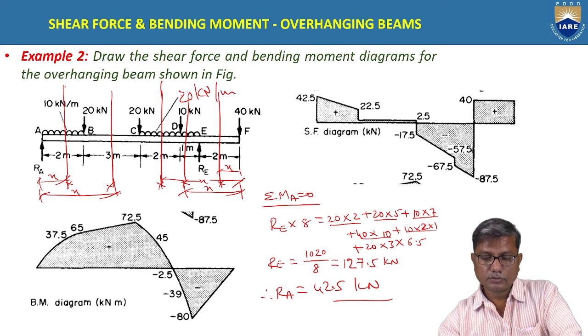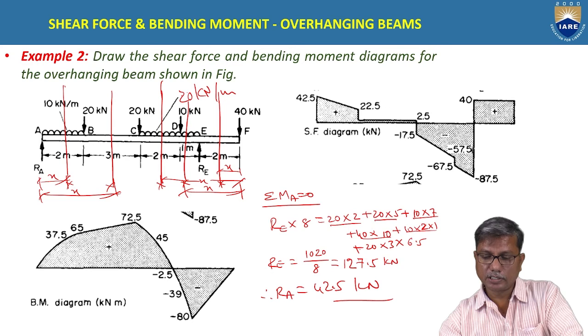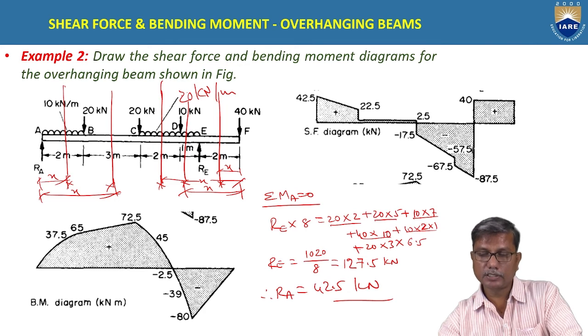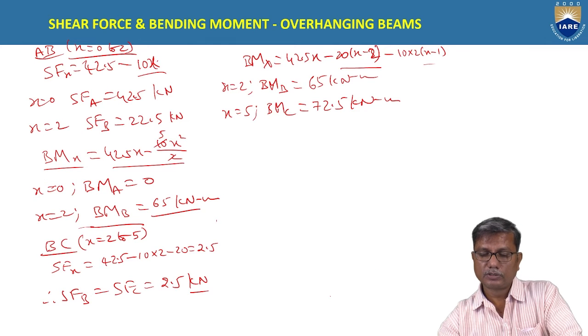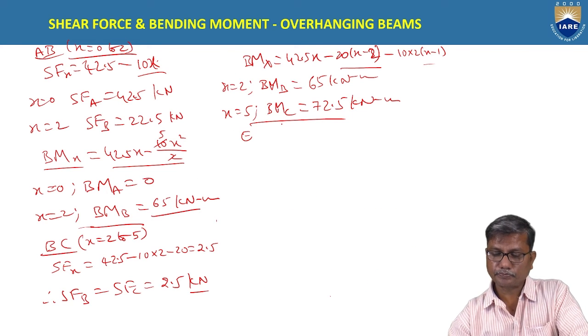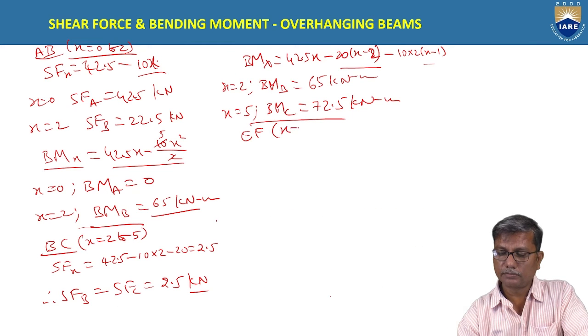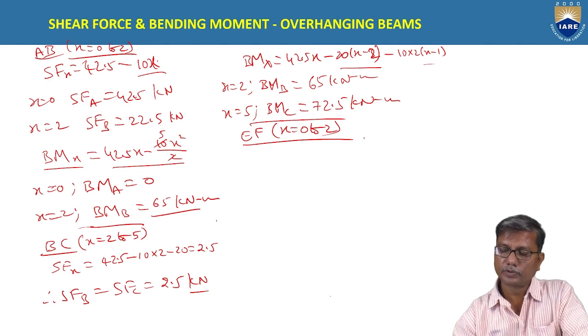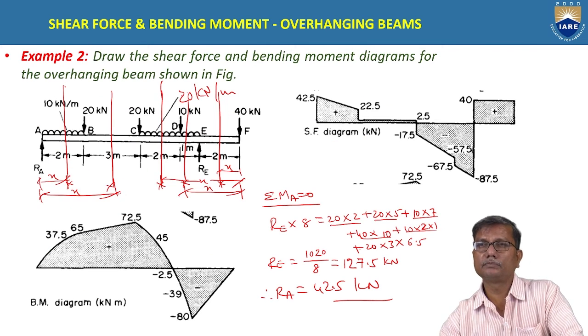Next, coming to portion EF, we will consider the right hand side now. In portion EF, the shear force remains constant, plus 40, and bending moment varies from 0 at F to 40 into 2 at E, that is negative 80. The limits are from 0 to 2 because we are taking origin from F on the right hand side.